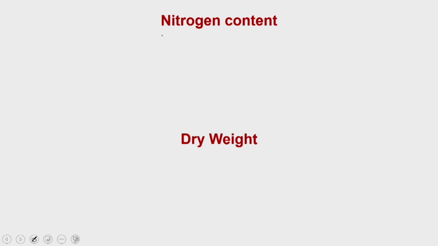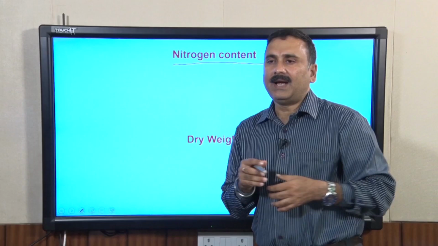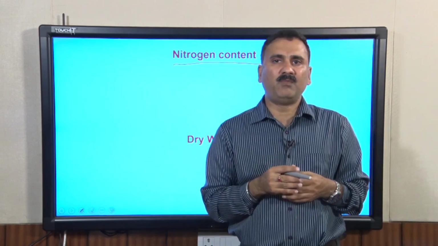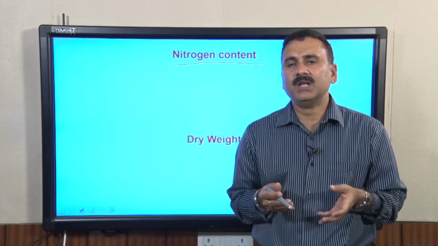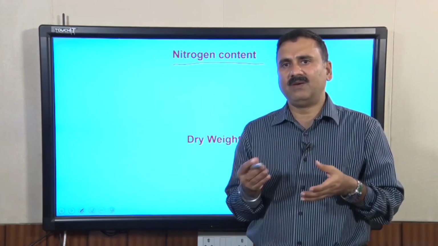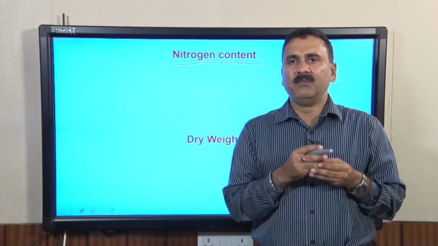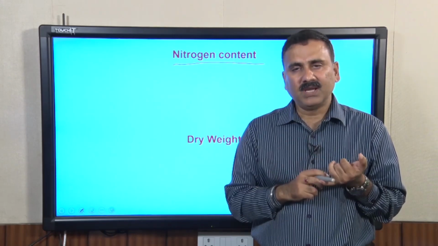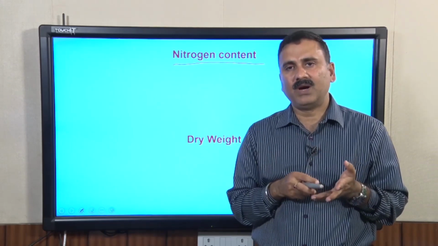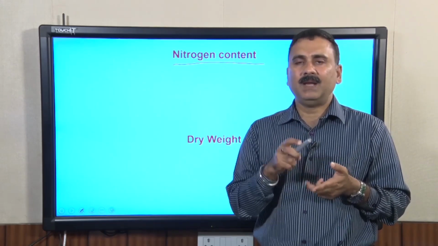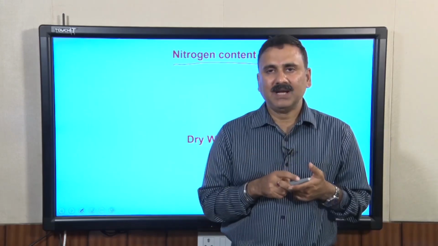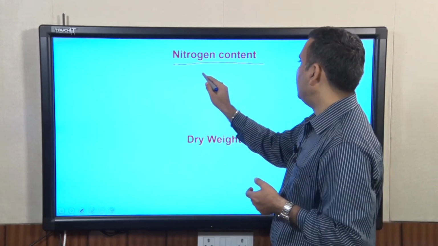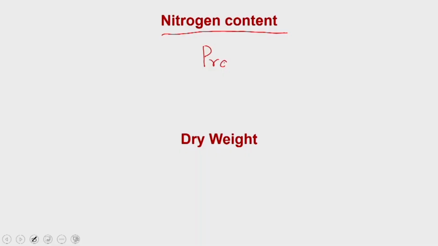The next method is that you can use the nitrogen content. You know that the bacterial cell is made up of different types of biomolecules, and in the previous lecture we discussed that the bacterial cell is made up of proteins, carbohydrates, DNA, RNA and lipids.